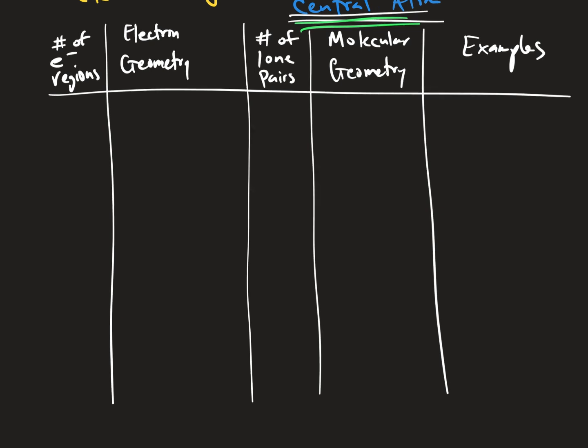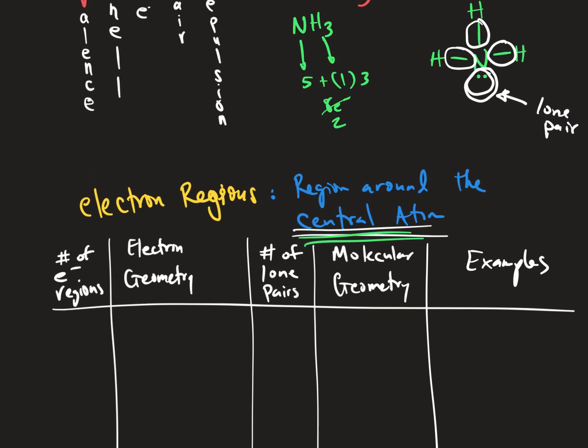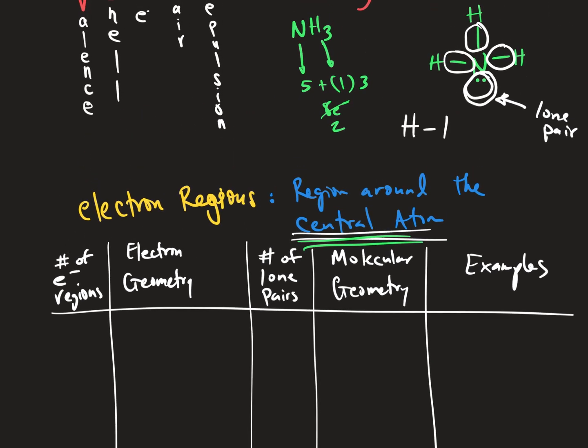All right, so if we have one region of electrons, there's really only one molecule that I know of that only has one region, so I'm not going to really waste room on here to talk about it. This is the one.